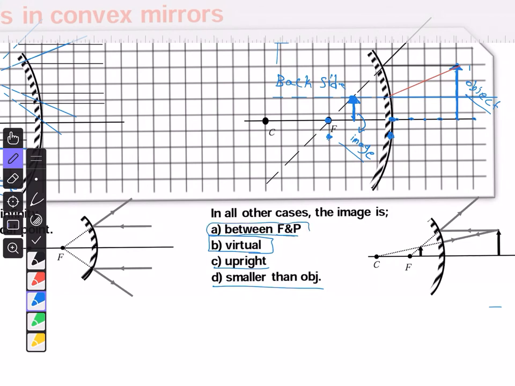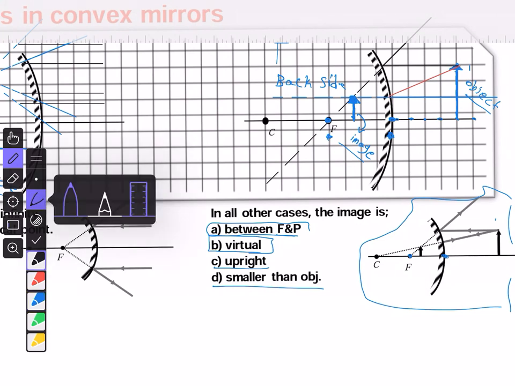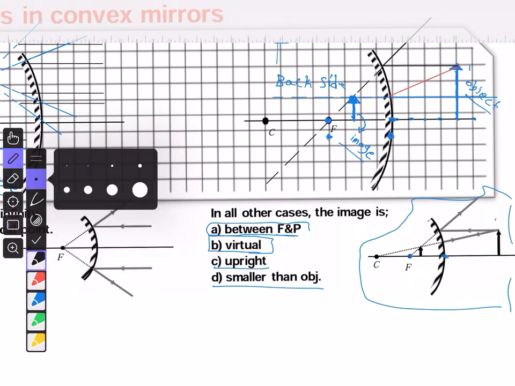Look, guys, if you look at this image, anywhere that you like, it must be between this point and this one. Anywhere you put it, it must be between them, between the focal and pole, nowhere else. Now I will just make it a little bit bigger to be more clear.